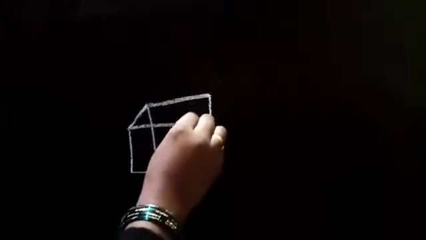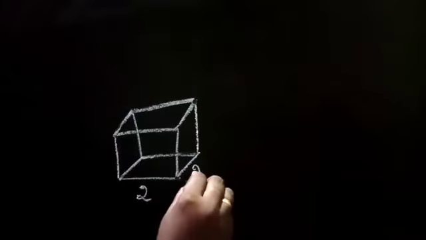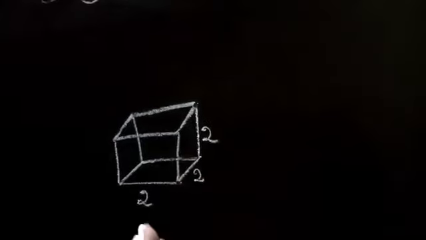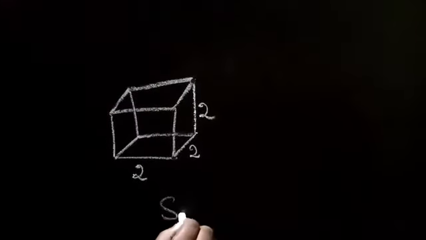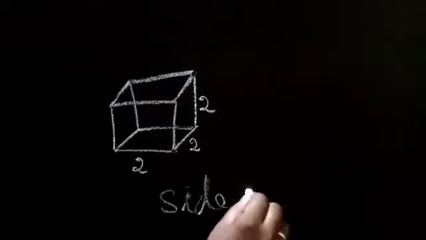Suppose they have given the side of the square as 2. So the area of the square is side into side.